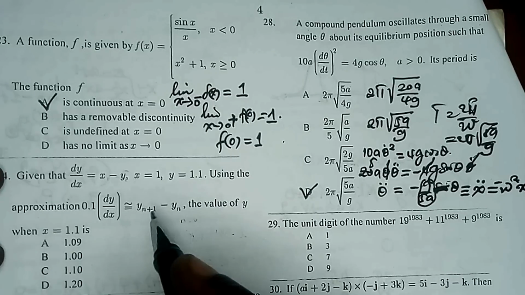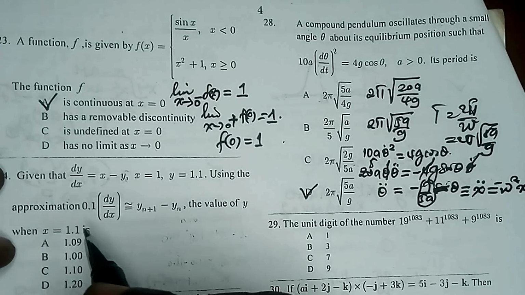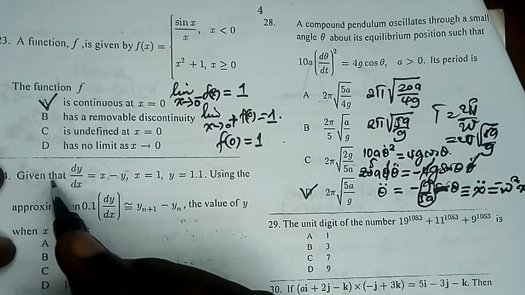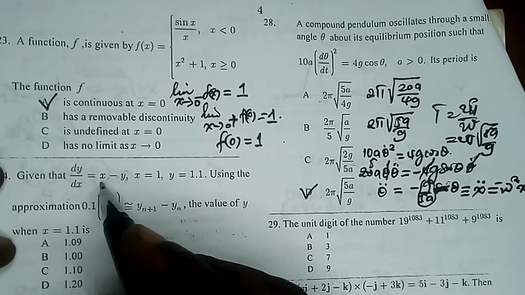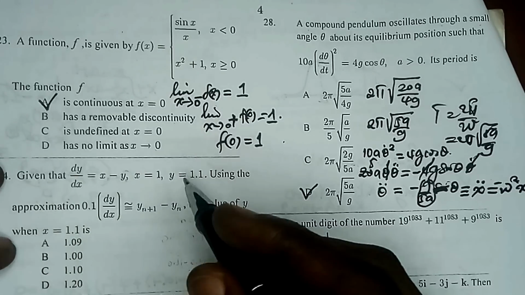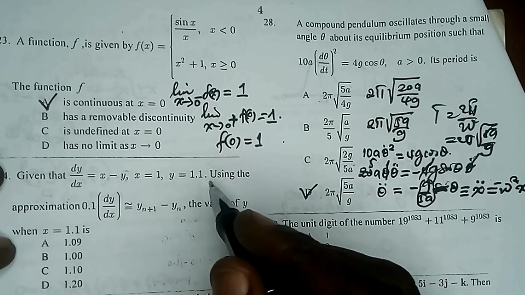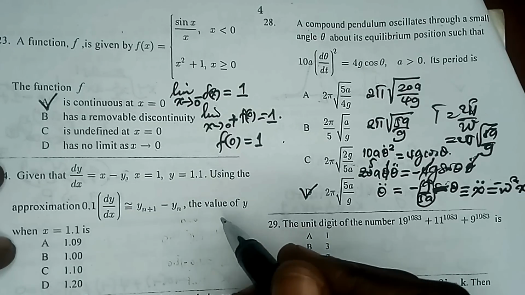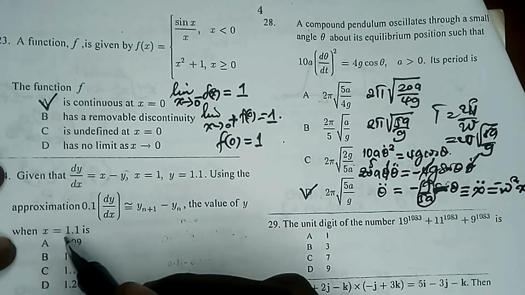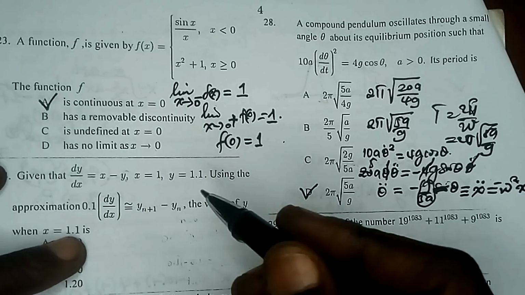For number 24, we have that dy dx equals x minus y, and x equals 1, y equals 1.1. Using the approximation, find the value of y when x equals 1.1.